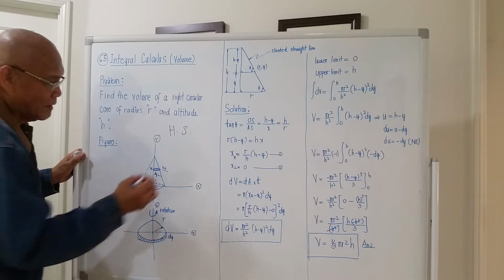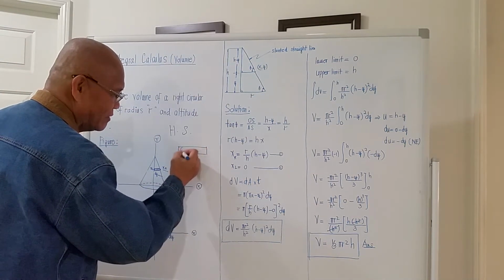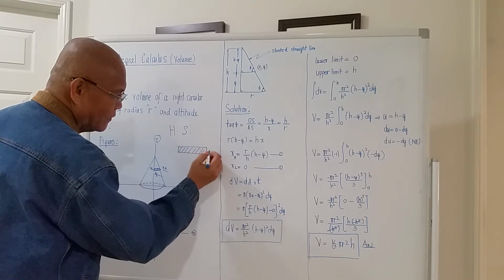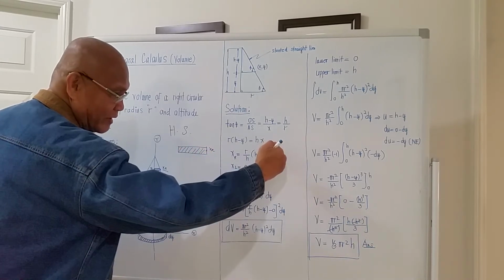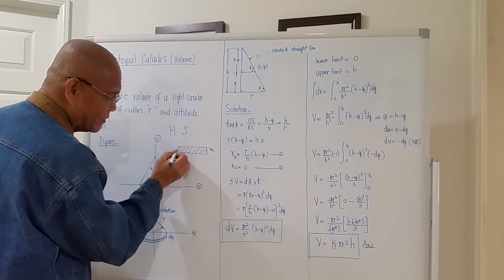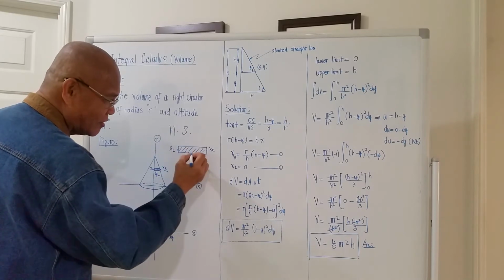I will try to enlarge. This is XR, meaning the X on the right, this is XL, and the thickness will be dy.